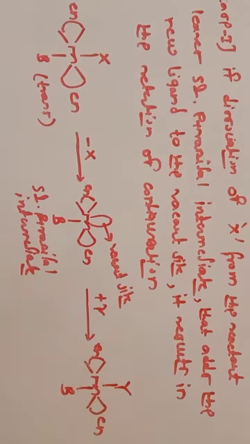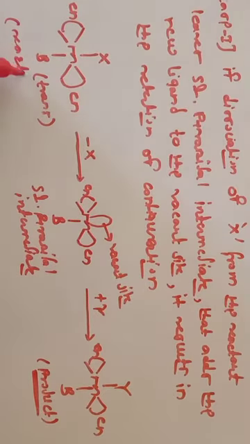And if you see the stereochemistry of this reactant as well as this product, whatever the configuration of the reactant, the same is the configuration of the product when there is a square pyramidal intermediate, and it indicates that there is a retention of configuration.